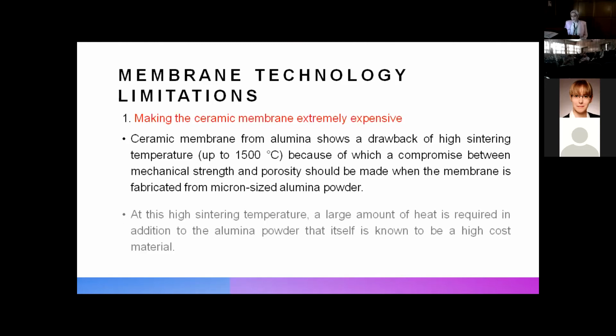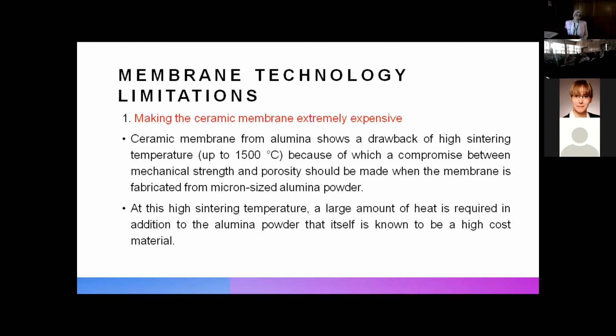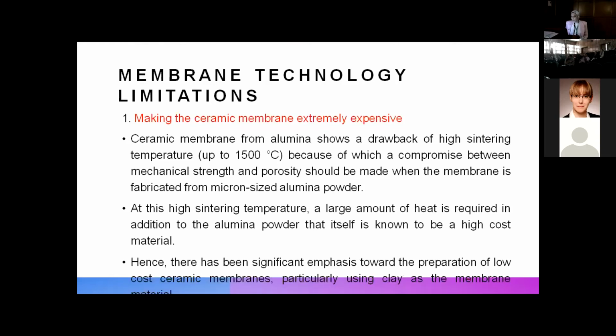So the sintering temperature and the required size need high cost. A large amount of heat is required, in addition to alumina powder that itself is known to be a high cost material. This is also a promising point of research, because we need to find ceramic membranes from low cost materials, so we can use clay, for example, like kaolin clay or another type of clay.